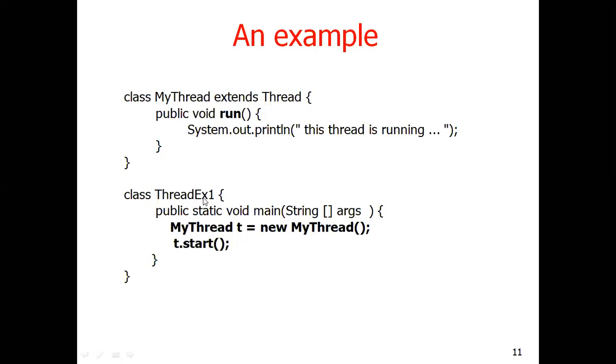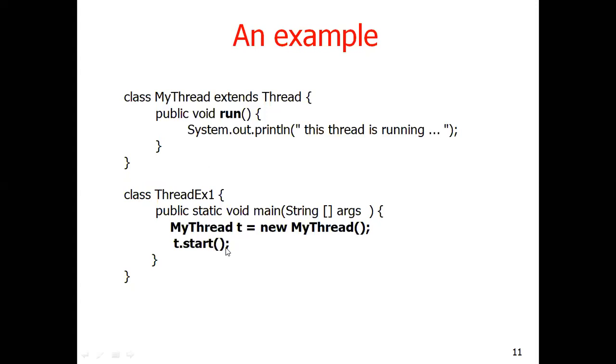ThreadExecution is the class, so the file name should be ThreadExample1.java, and public static void main. Within that we are creating a thread as I have given in the syntax. MyThread t equals new MyThread, and we call the start method. Here you can see that we are not explicitly calling the run method. Once you call the start method, it will directly lead to the run method.